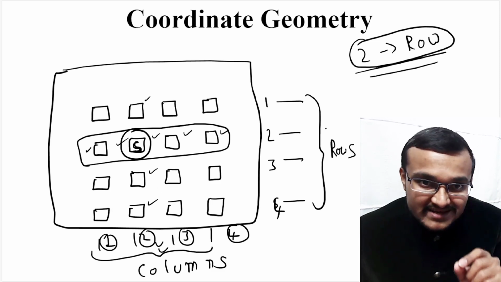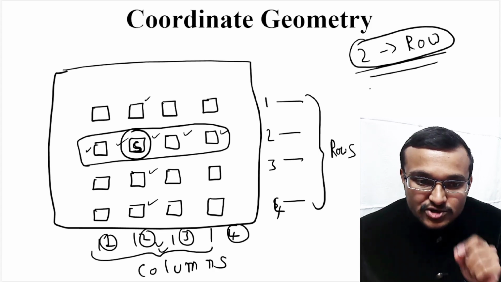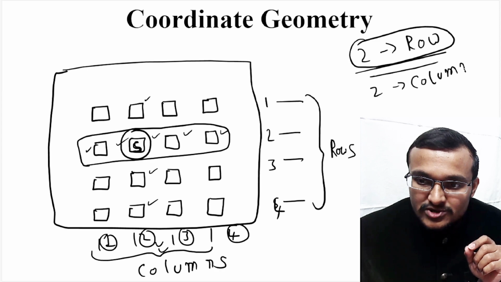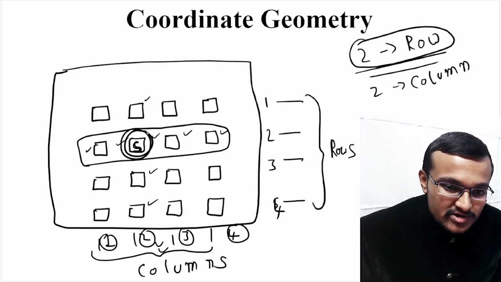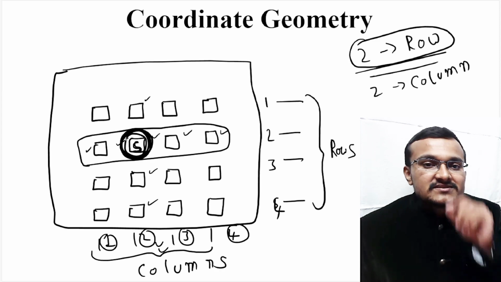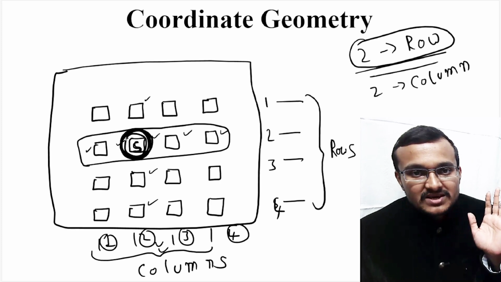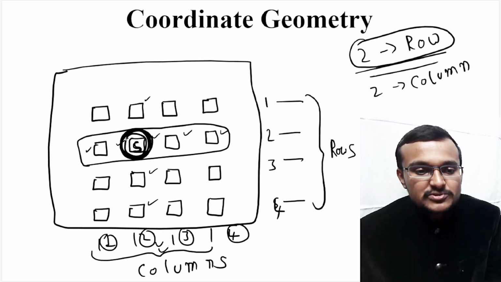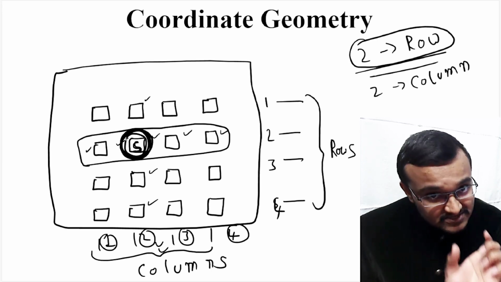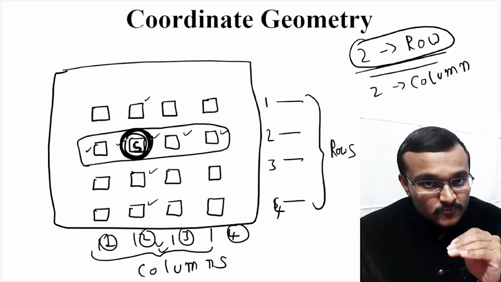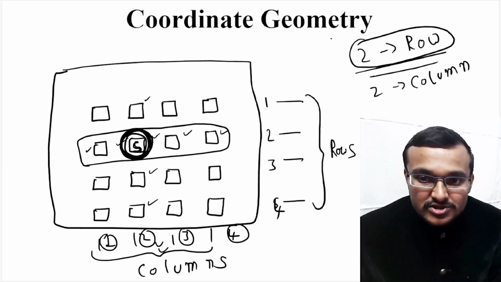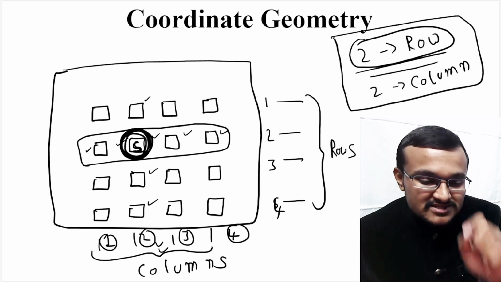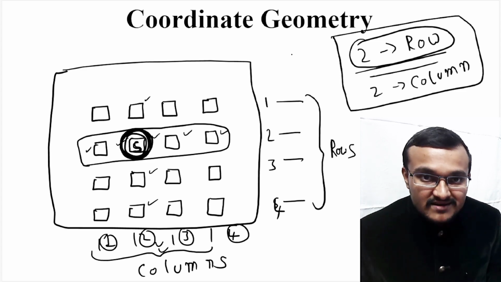But together, if I say second row and second column, this is the only position that is in the second row and the second column at the same time. So both pieces of information should be there in order to locate the student's position in this classroom.